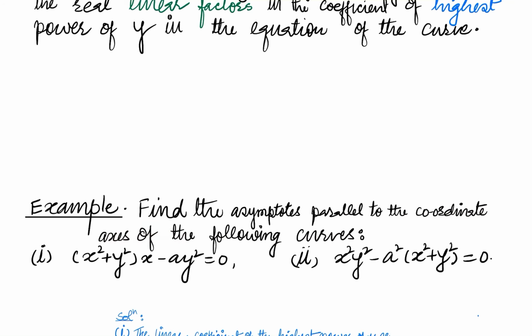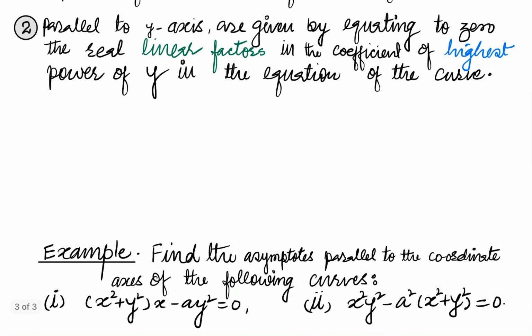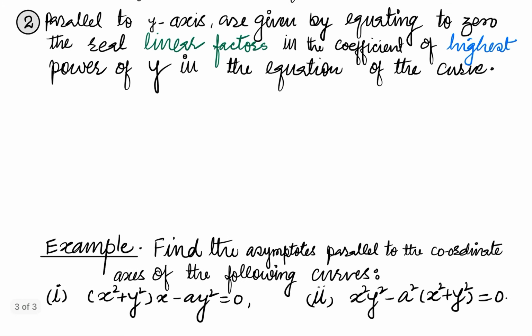If we repeat the working rule, we have to identify the linear factor associated with the highest degree of x and the highest degree of y. The highest degree of x is 3, and the factor associated with x cubed is 1, which cannot be 0.